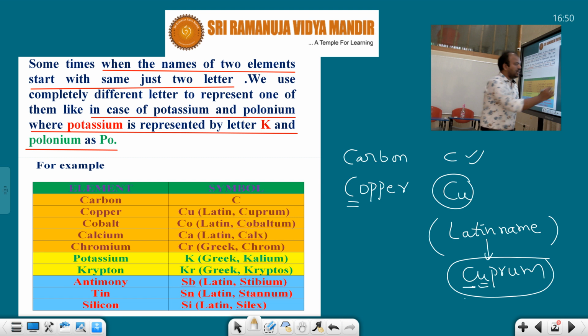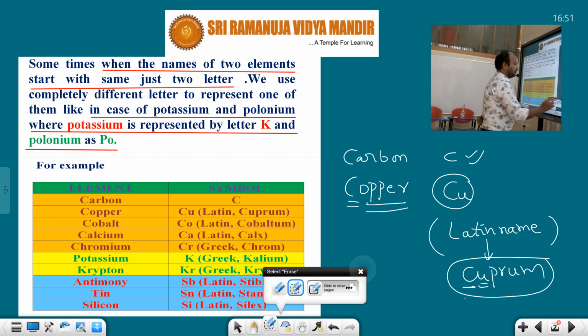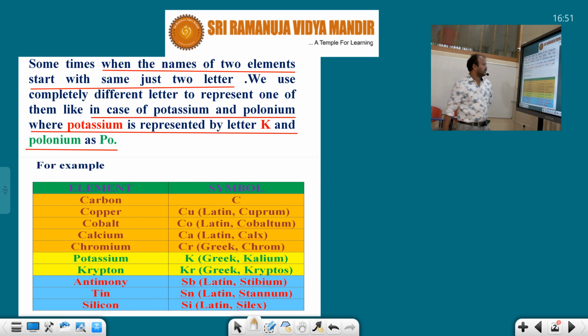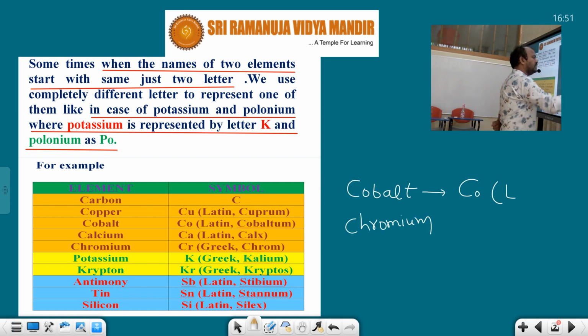If you take another one for better understanding, you should observe cobalt and chromium. Cobalt, actually this symbol is Co. This is derived from the Latin name.